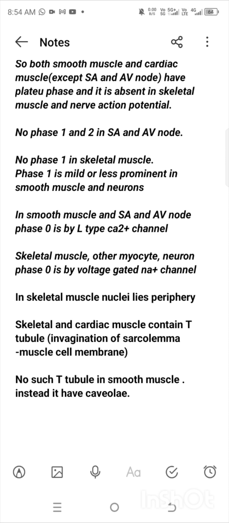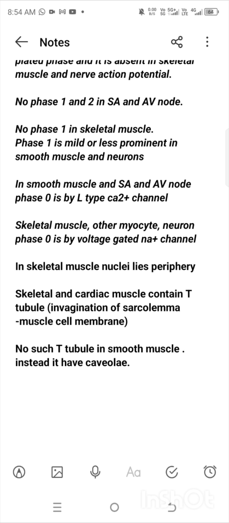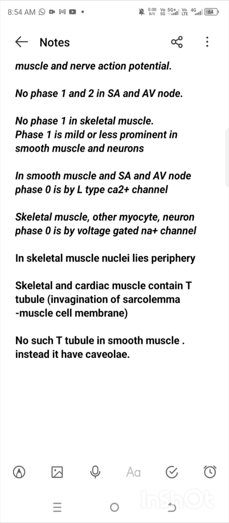Sarcolemma invagination leads to the formation of T tubules inside. There are no such T tubules in smooth muscle; instead, it has caveolae.